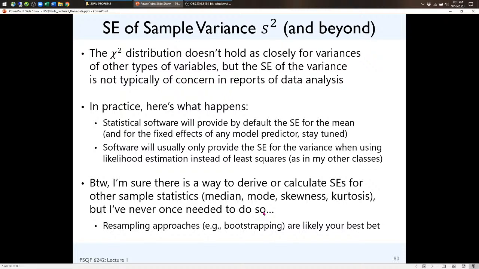I think in most cases, the sampling distributions of these are not known, cannot be approximated via some sort of ready-made formula, and you would have to use resampling type approaches, so your bootstrapping, permutation test, jackknifing, resampling family of approaches to be able to do that. So if you're ever in a situation where you need to get a standard error for these things, I would encourage you to look into these alternative ways of doing so via empirical resampling of your data.